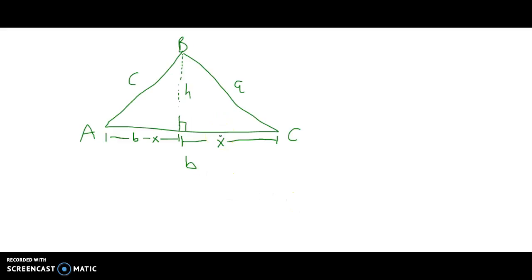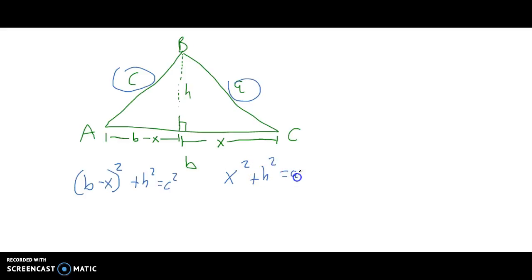Now there are some different things we can do here. If I want to find c, I could do (b minus x) squared plus h squared is equal to c squared, just the Pythagorean theorem. Or if I want to find a, I can do x squared plus h squared equals a squared.